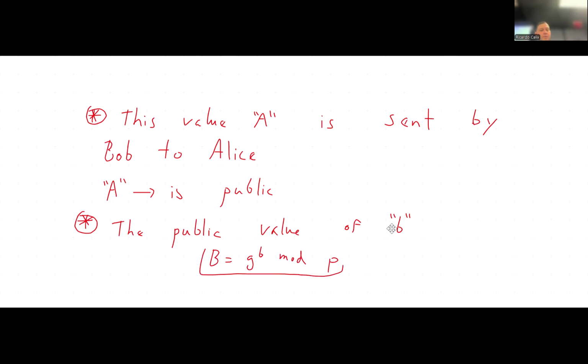So we've established that. And then, just like before, B is sent to the owner of A and is public.